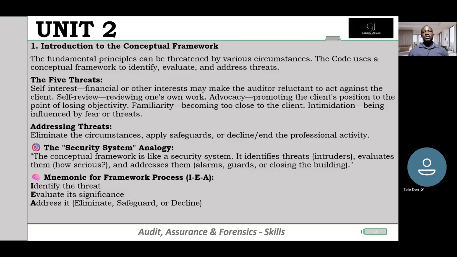A high-tech security system is an analogy for the conceptual framework of how we treat these threats. So here's a mnemonic for the framework process that will help us remember. IEA: I is to identify the threat, E is to evaluate its significance, and A is to address it: eliminate, safeguard, or decline it. It's important to take note of that.